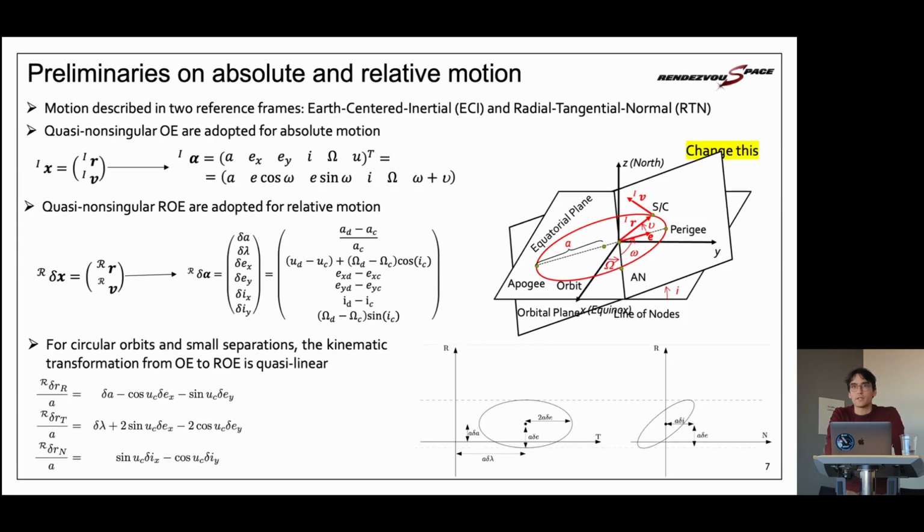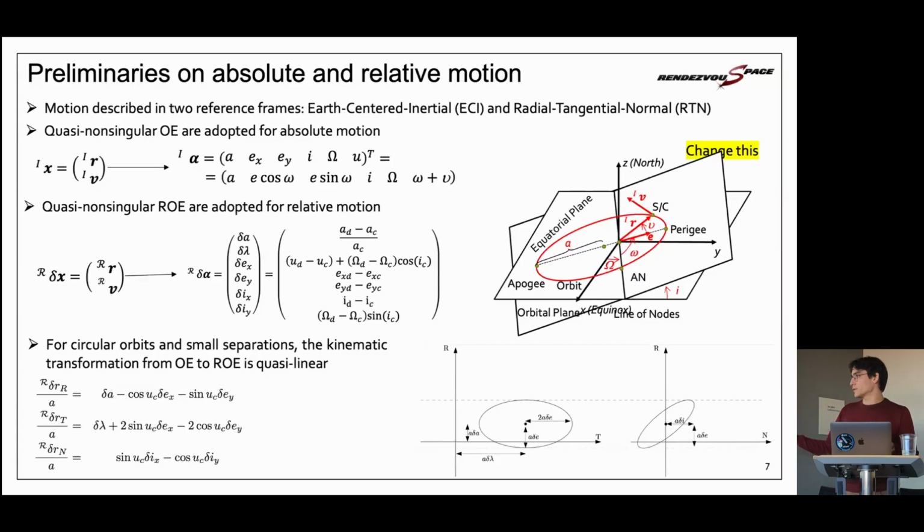The first one is that the dynamics becomes more linear, as can be seen, for example, for circular orbits and small separations. We can write a linear mapping between the motion in the RTN frame and the ROEs. The second advantage is that we can give an easy and simple geometrical interpretation that, as we will see, will be very useful in the design of the motion in the RTN frame as a function of the ROEs.